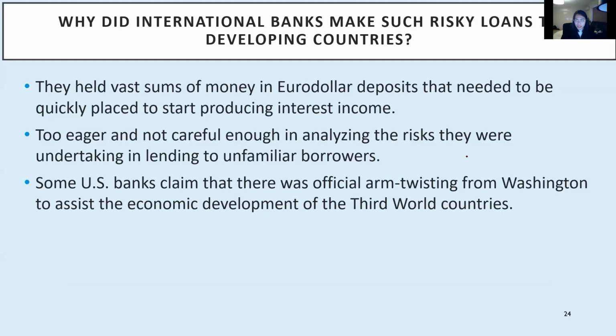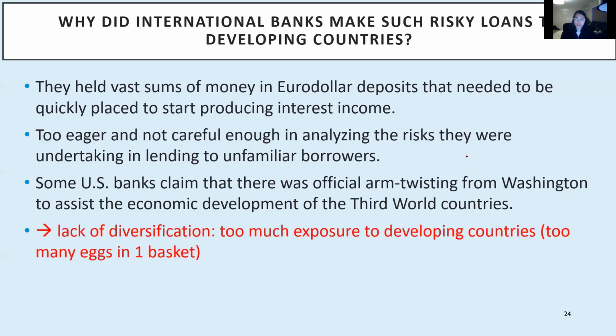Also, some of the banks claim that the US government was encouraging them to lend to the Latin American countries as well. But the bottom line here is there was lack of diversification, too much investment in one segment of the market, okay? Unfortunately, that segment did not do well and they suffered a lot of losses, okay?